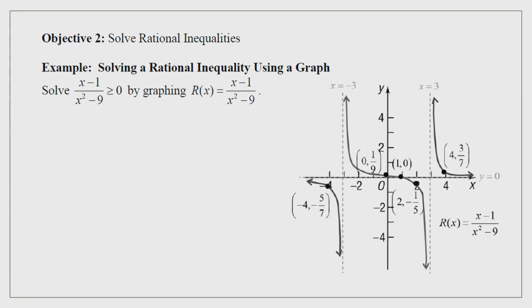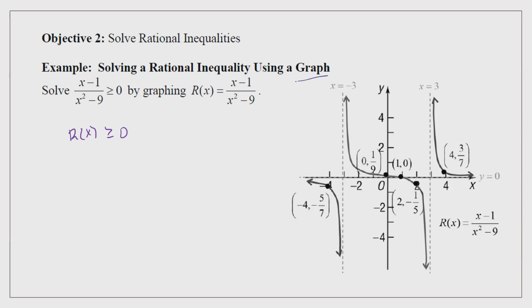So here is our graph for x minus 1 divided by x squared minus 9. And we want a solution where r of x is greater than or equal to 0. Greater than or equal to 0 means that our solutions are going to exist above the x-axis, but they could also exist on the x-axis.